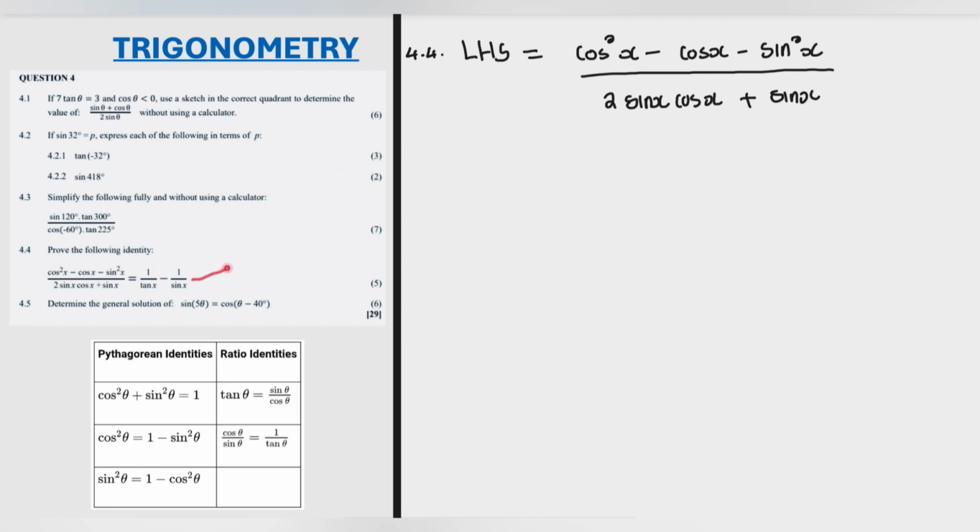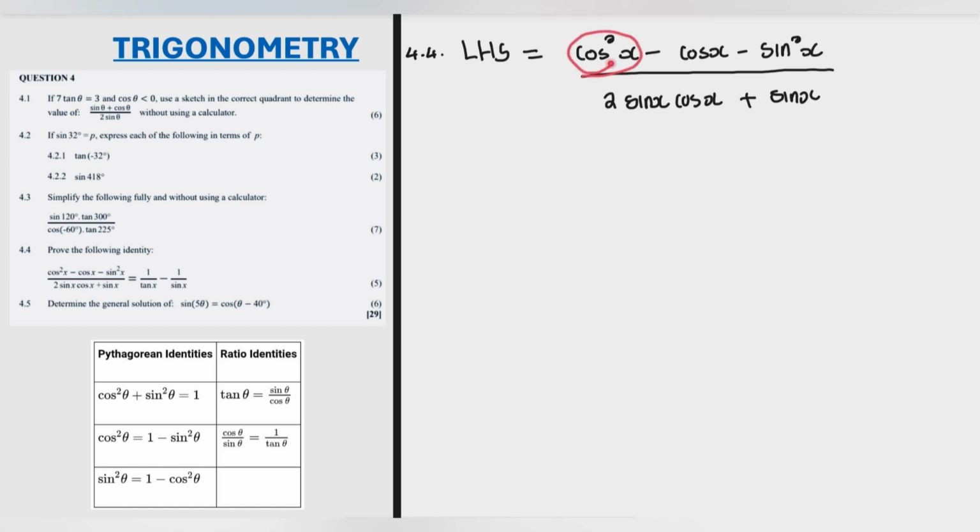And for the other side, we must make sure that we always have sine of x at the bottom, so that whenever we simplify, we get what we have on our right hand side. Sine square x plus cos square x is an identity, but we have one rule.